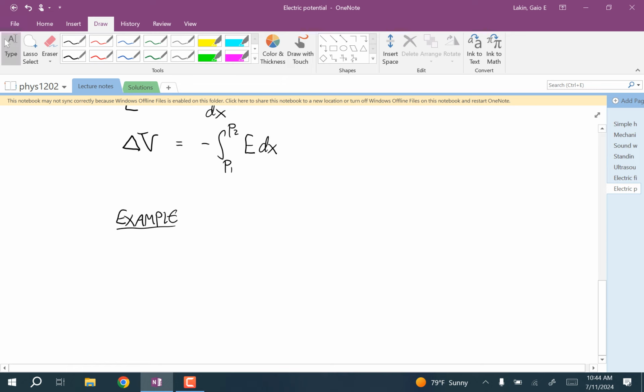Let's say that we have a positive fixed charge there, a negative fixed charge with the same magnitude there, and we want to calculate the electric potential at that point P, given that this distance is 1 centimeter and this distance is 2 centimeters.